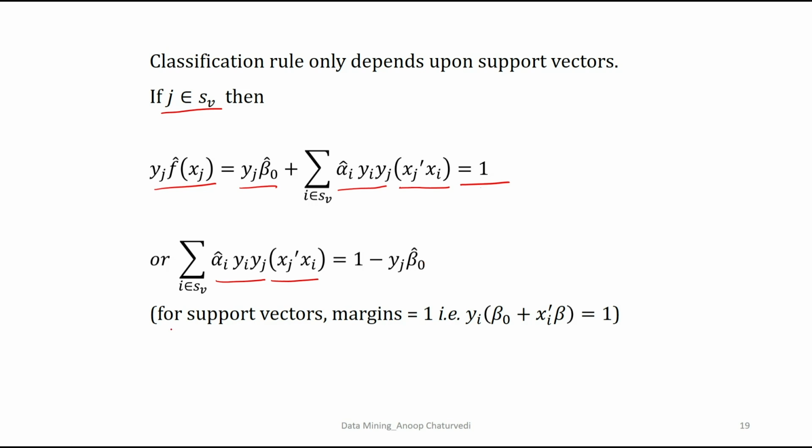Now, for support vectors, the margin is equal to 1, that is yi (beta naught plus xi transpose beta) is equal to 1.